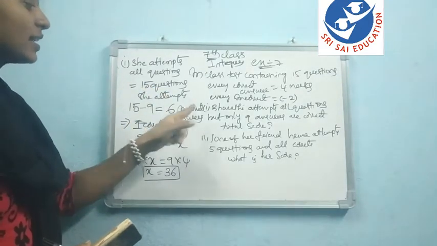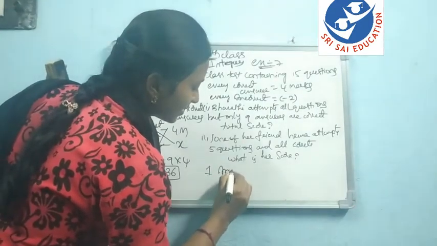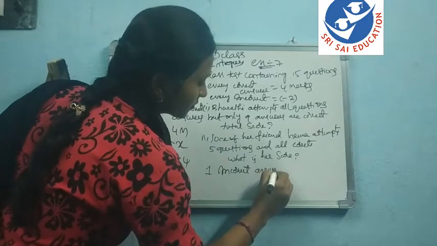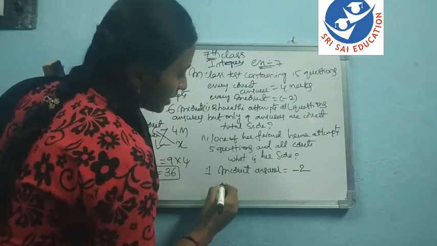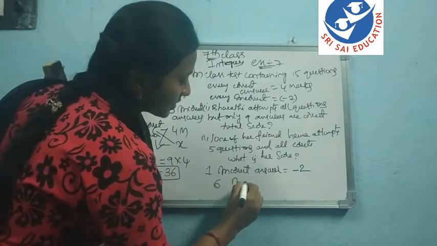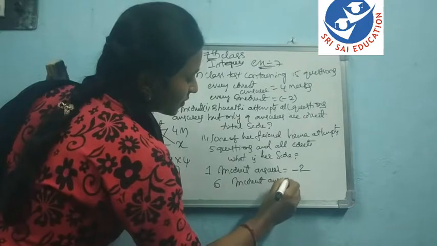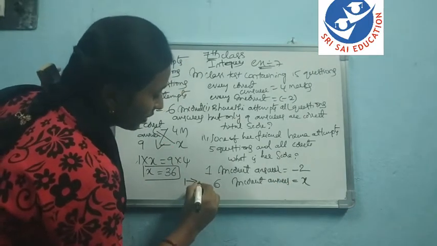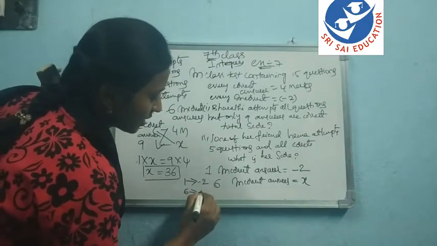But 6 incorrect answers are also there. So 1 incorrect answer is minus 2, but 6 incorrect answers, we don't know.